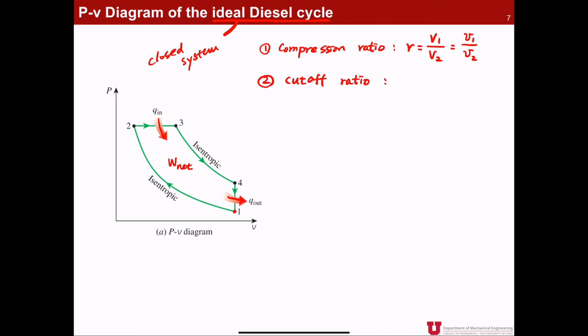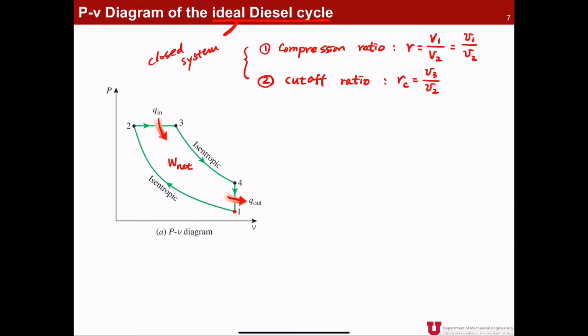And we use r sub c, and that is defined based on V3 over V2. So these two ratios are the key design parameters of the diesel cycle, and we are going to revisit these two ratio values when we solve the example problem and so on.